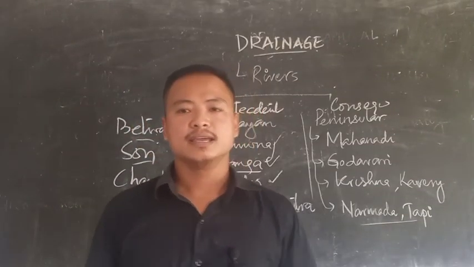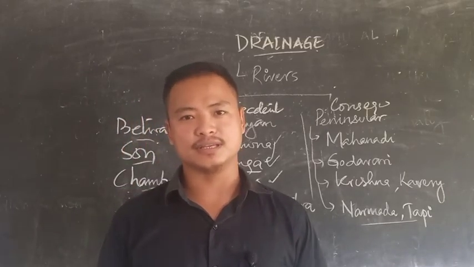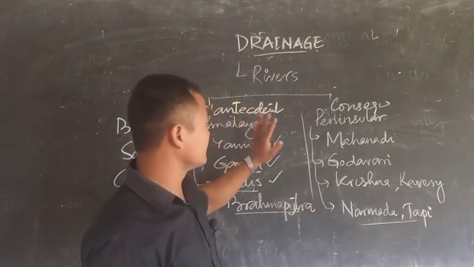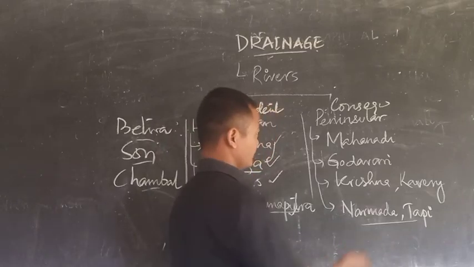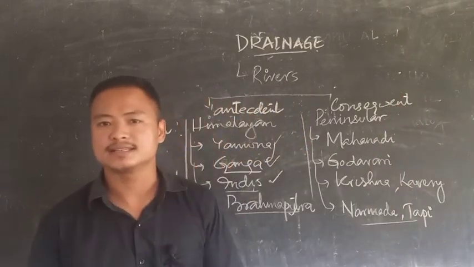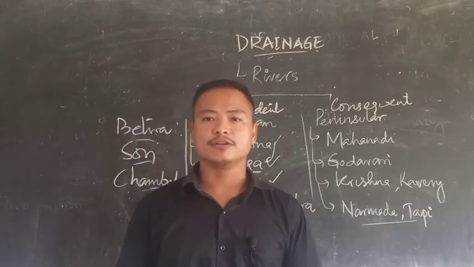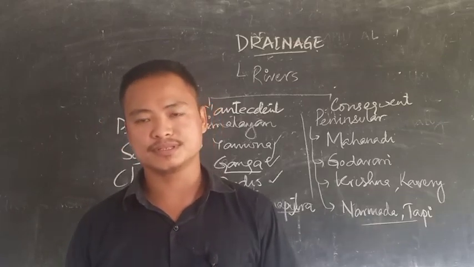Like we discussed, the difference between the Himalayan rivers and the Peninsula rivers in the very first point, that the Himalayan rivers are antecedent rivers while the Peninsula rivers are consequent rivers. And we already discussed what antecedent and consequent is. Apart from this, the Himalayan rivers cover a larger area as they are numerous in numbers.